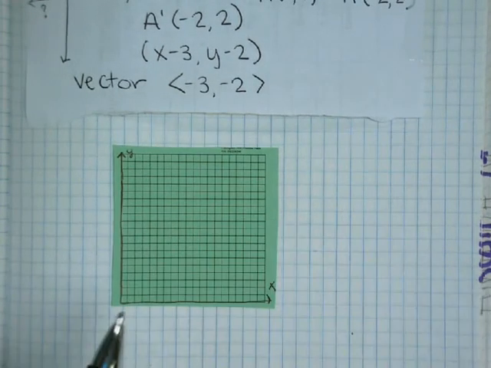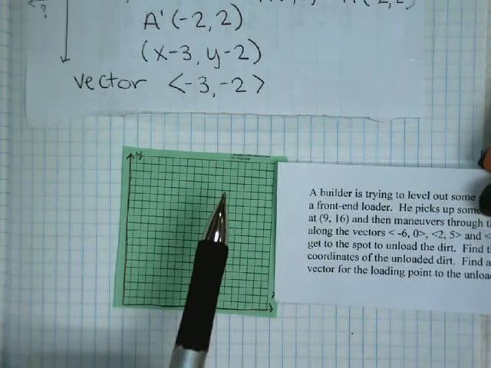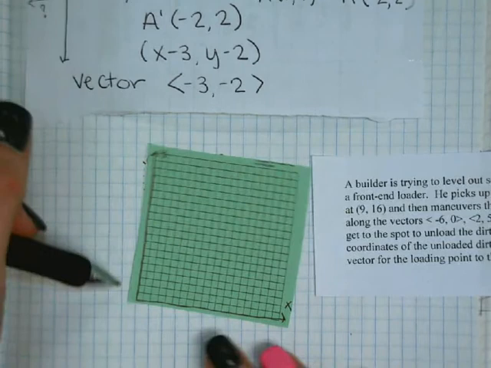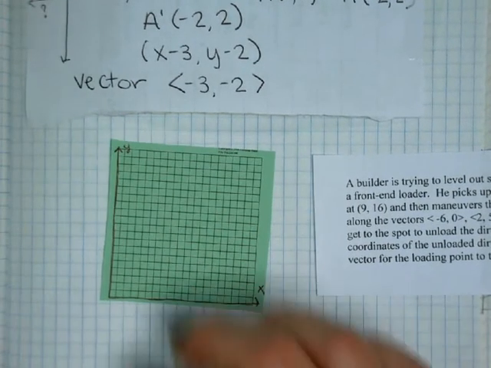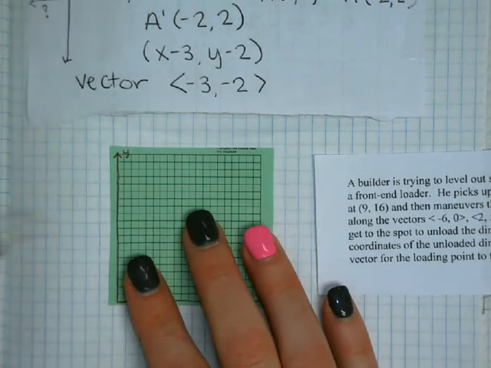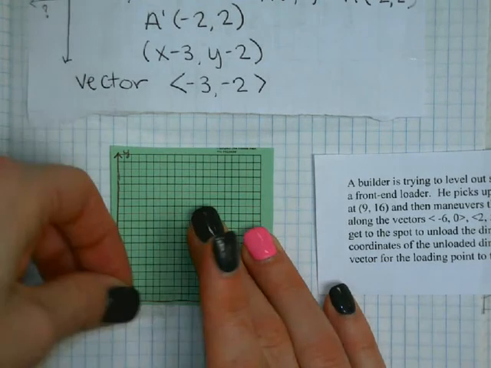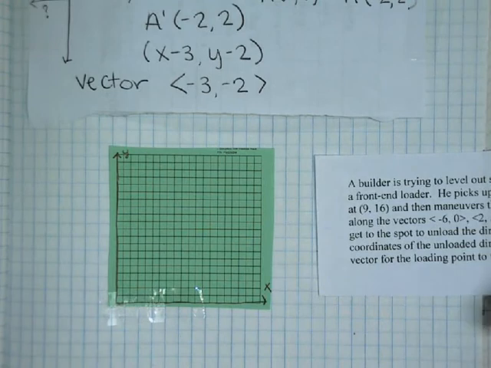So you were given a piece of grid paper, and I noticed that (9, 16) is kind of far out, so I'm only going to show my first quadrant. And then we probably will even run out of some room. So what's going to happen if that becomes the situation? That's why we need the algebra to work. All right, so I'm going to tape it down just so it won't move.